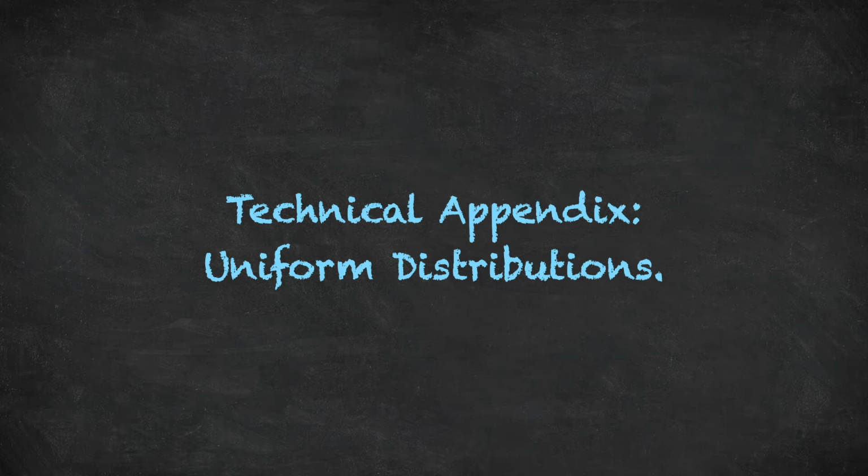Okay, so in this video, I'm going to go over some of the basics of working with continuous random variables, and in particular, I'm going to focus on uniformly distributed continuous random variables.